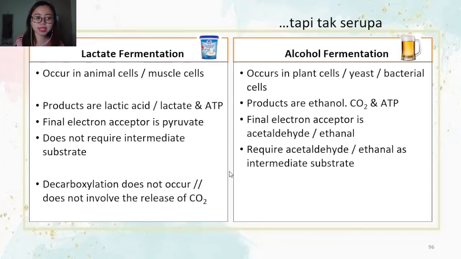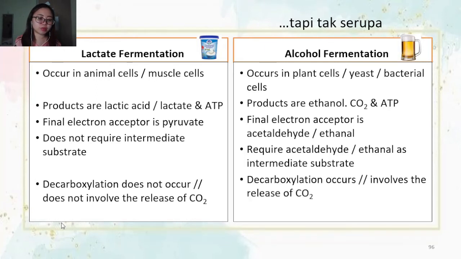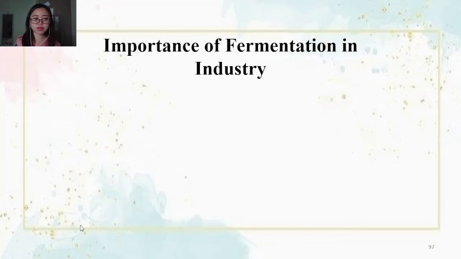And last but not least, for lactate fermentation, decarboxylation does not occur. So, kita tidak buang mana-mana molekul carbon dioxide. Tapi dalam alcohol fermentation, decarboxylation occurs and it involves the release of carbon dioxide. So, those are the differences between lactate fermentation and alcohol fermentation.